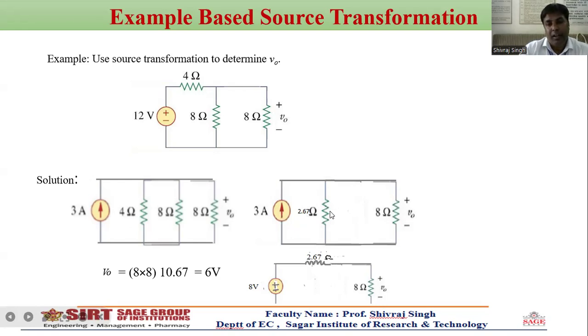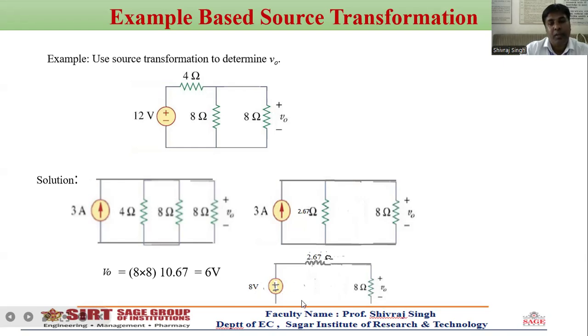This parallel combination of current source and resistance is replaced by a voltage source and series resistance. So this voltage source equals 3 into 2.67, that means 8 volt, with the resistance connected in series, and here the load resistance is 8 ohm.